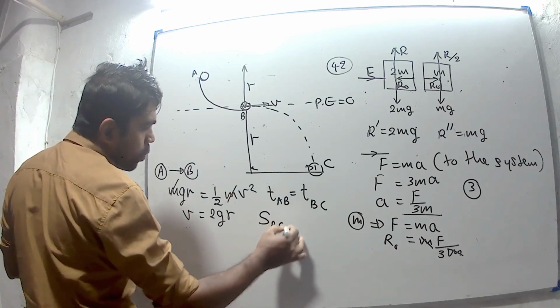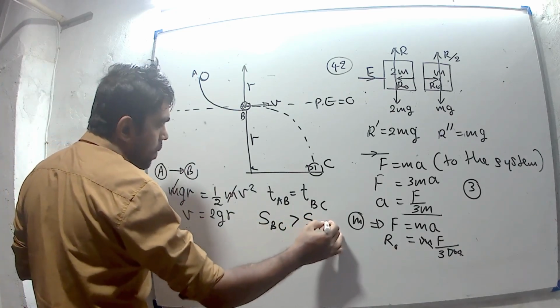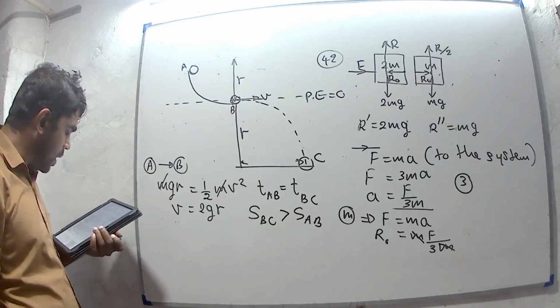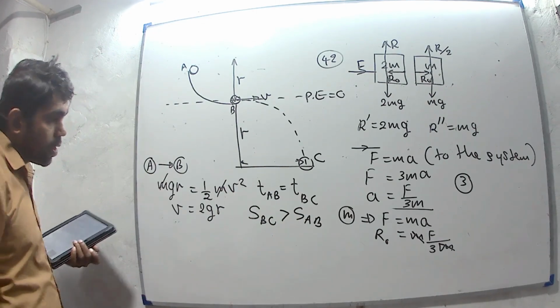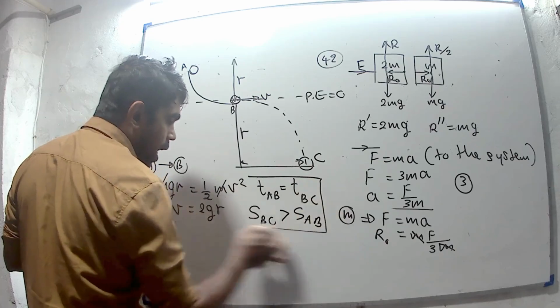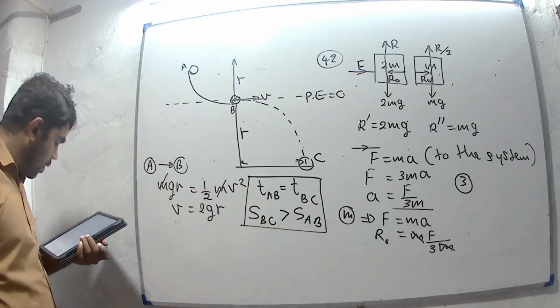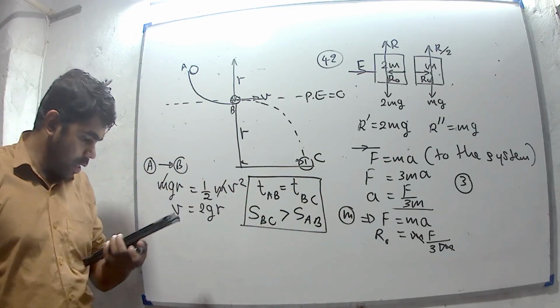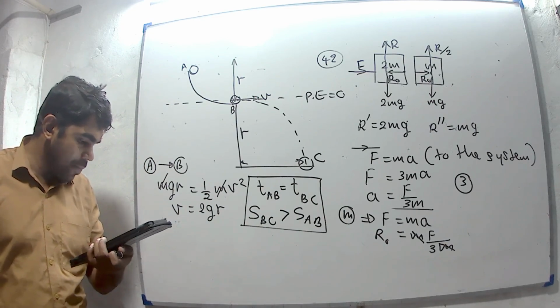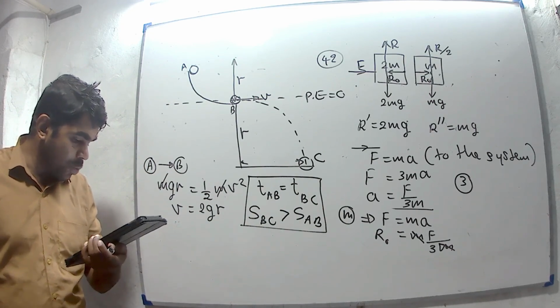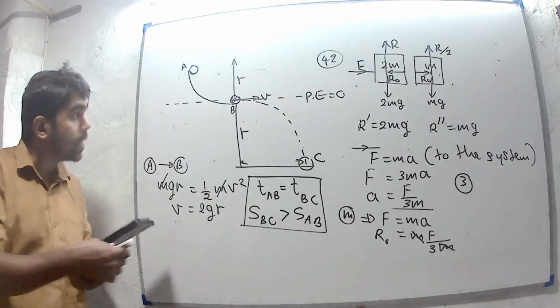SBC should be greater than SAB. There is a problem with the given answers. This should be the answer, but there are two equal answers in the question. Answers 3 and 5 are the same. The answer should be correct, like this.